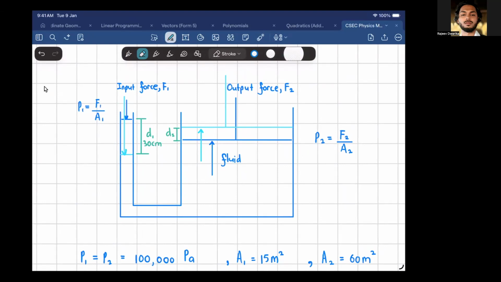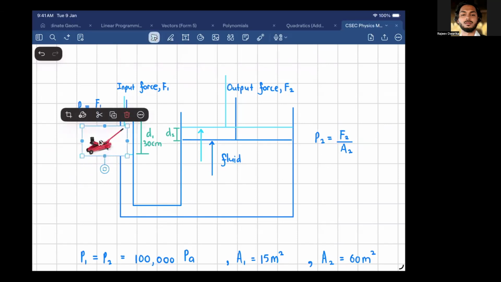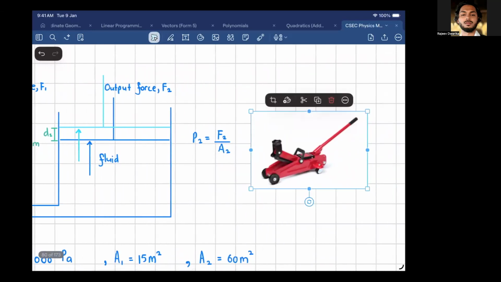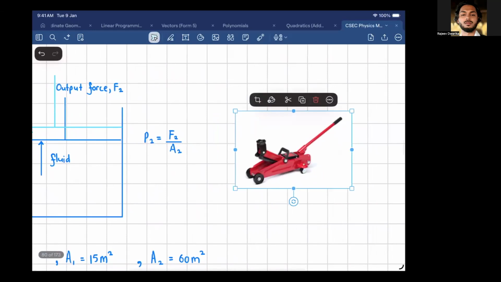Let me see if I could find a picture of the car jack. Okay, nice, I got a picture here. Sheena, you've seen this before, right?